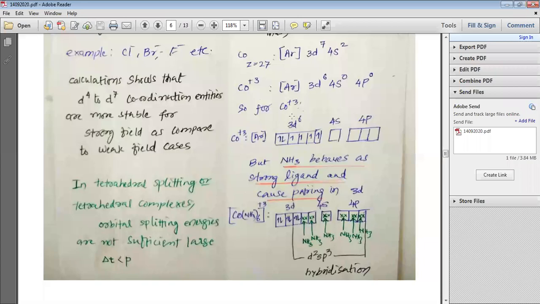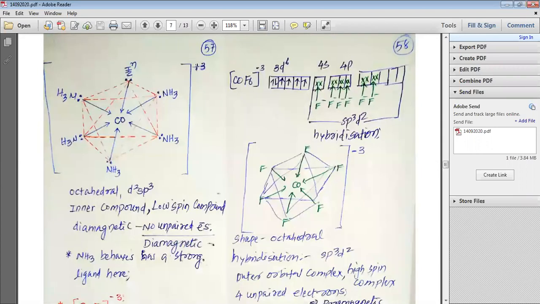So the 3d6 electrons undergo pairing, and three orbitals of 3d are completely filled. Two 3d orbitals are left, along with one 4s orbital and three 4p orbitals. So d2sp3 hybridization takes place, and ammonia donates its electrons into the d2sp3 hybridized orbitals. This is how the octahedral d2sp3 Co(NH3)6 3+ is formed.